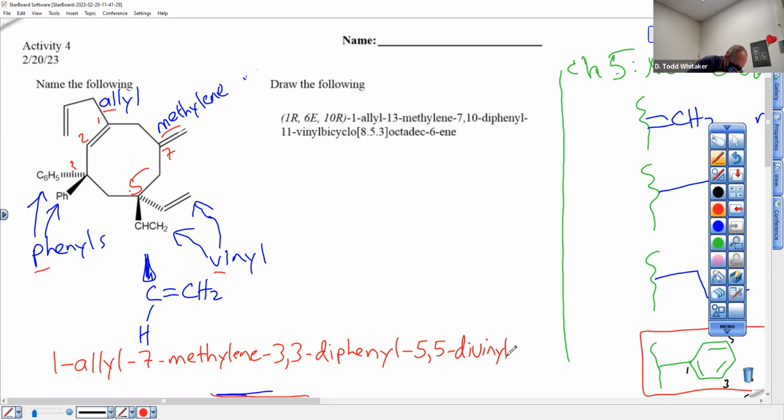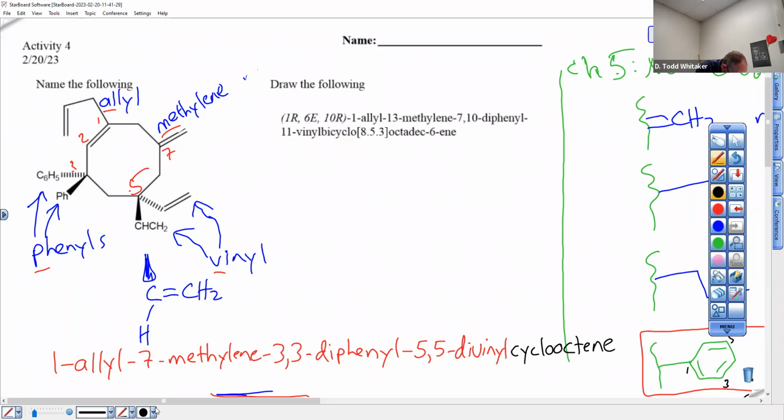And how do you say ring size 8 with a double bond? Cyclooctene. I will accept the number for the ene optional, because I know it's between 1 and 2 when there's a ring with only one double bond and you say the ring's name. I know it's between 1 and 2.